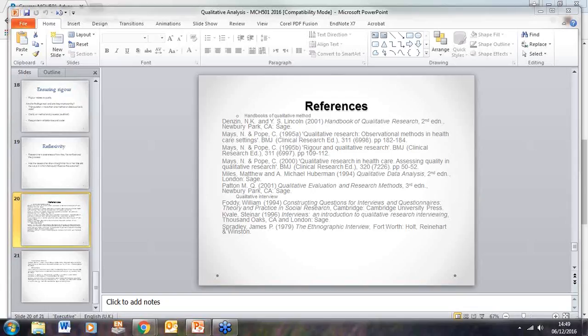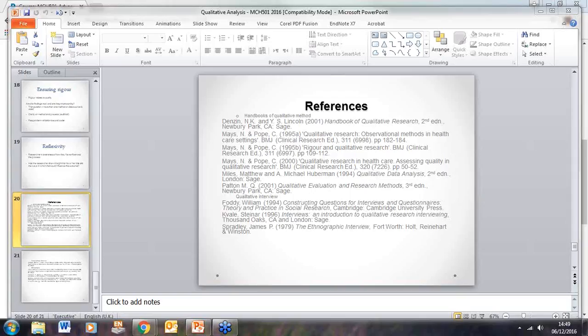Because obviously, just in the same way as a piece of research needs to match, so does this narrative review need to match. So where is your ontology and epistemology? And why is it that you've gone down this particular route? Why are you asking this particular question? So it's that level of transparency and robustness to the whole process that is really important.